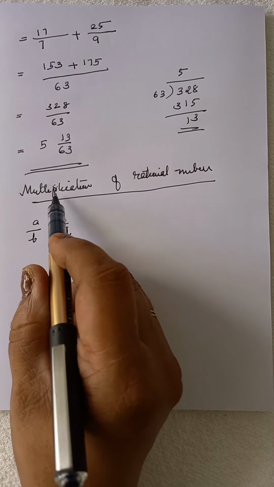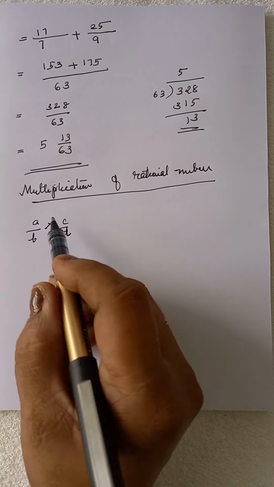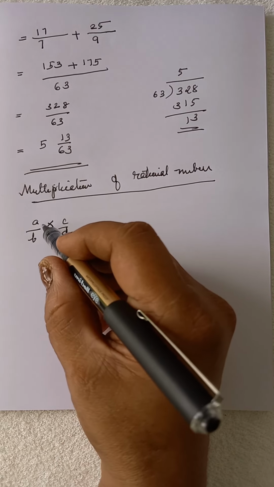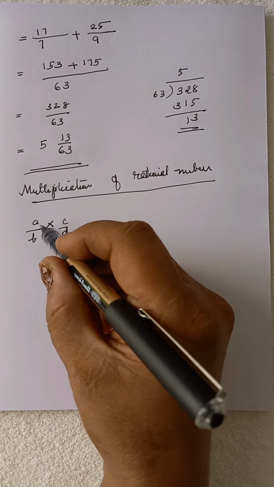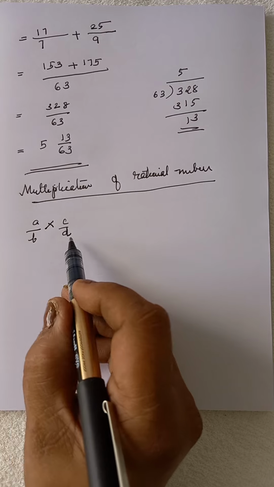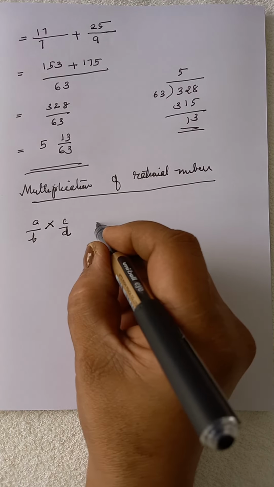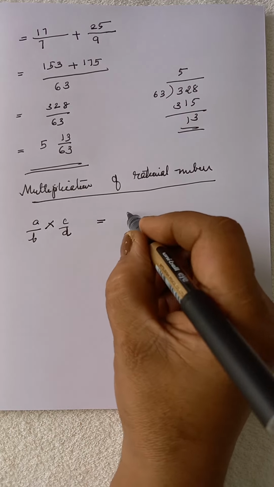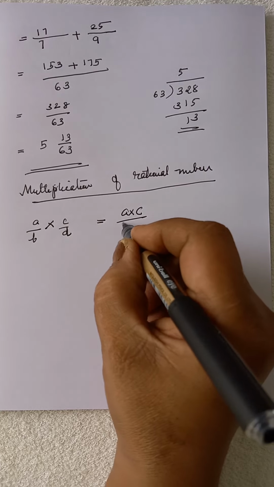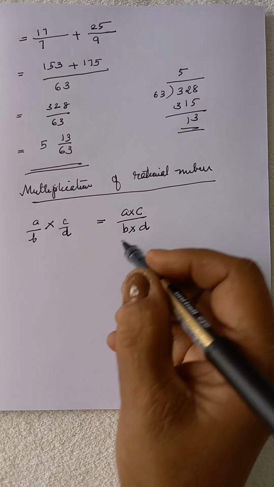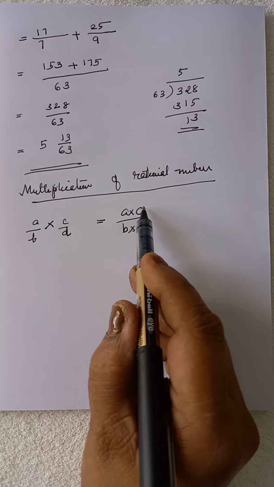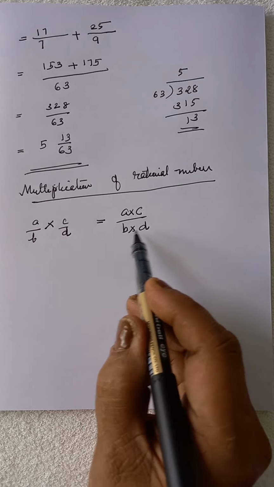Then a by b into c by d. Here a and c are numerators, b and d are denominators. So this is equal to a into c by b into d.